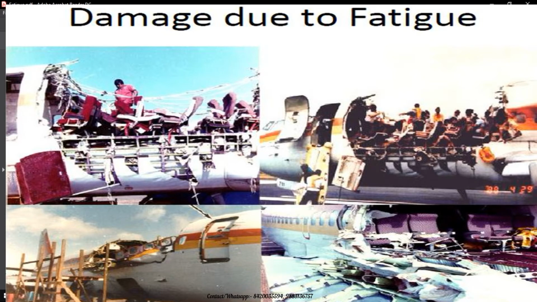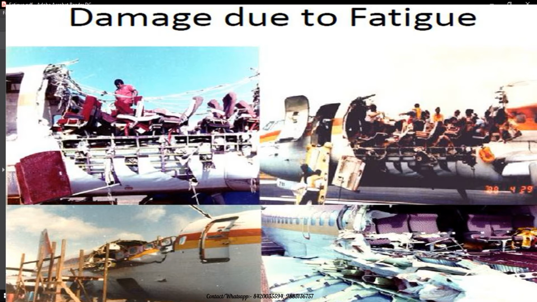Now you can see the aircraft fuselage, where people are coming from the aircraft in this way. This is the actual story I am explaining, what fluctuating stress can do. A passenger, while boarding the aircraft, saw a hair-like crack on the body of the aircraft. That was neglected by the airline officials.